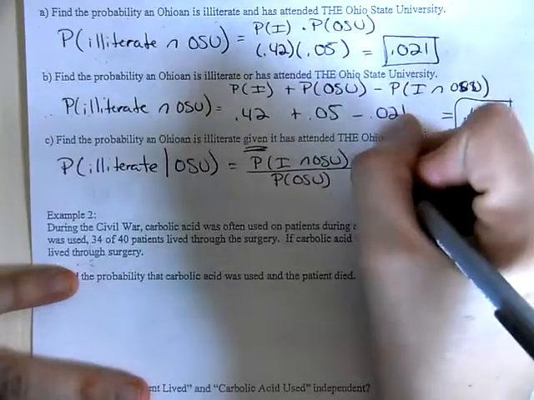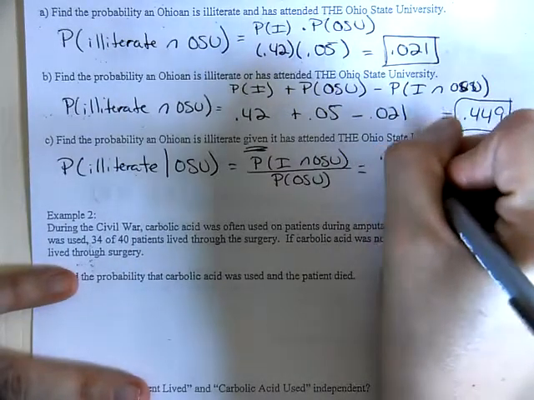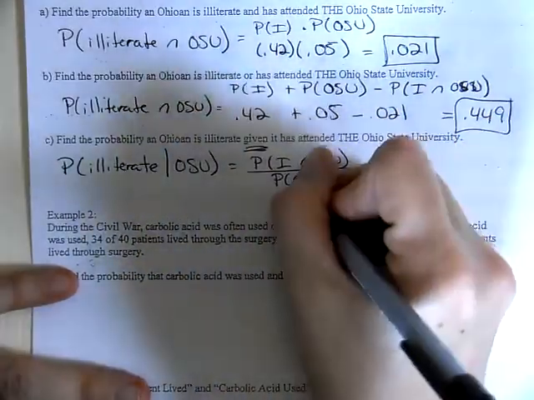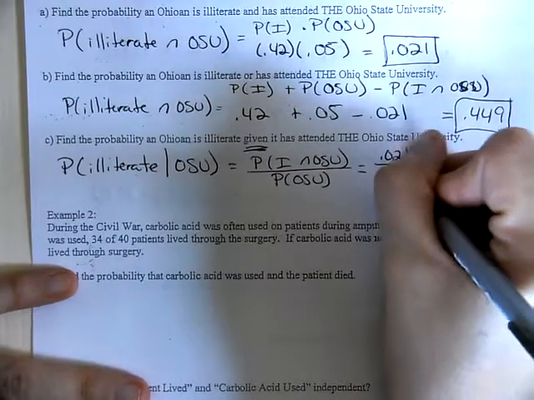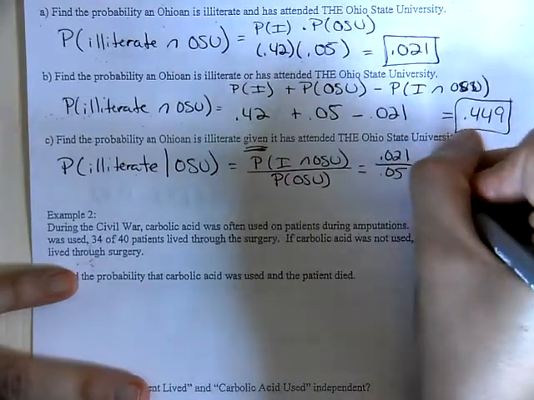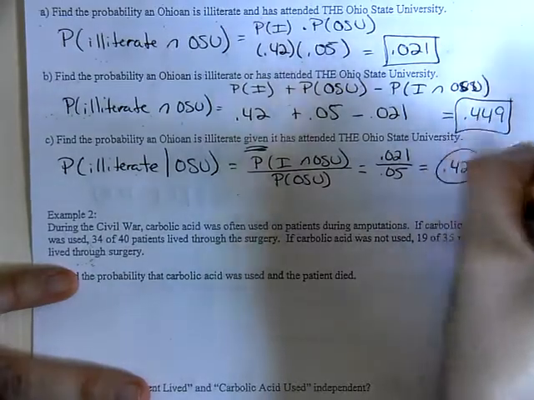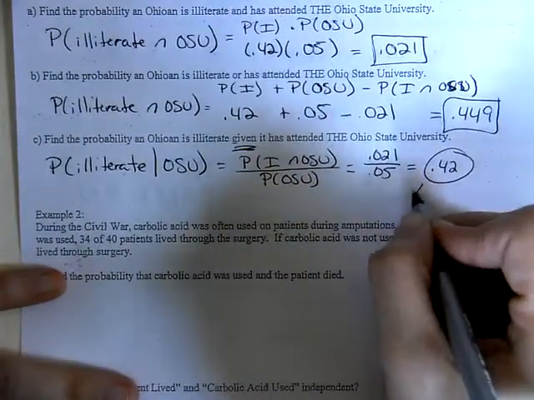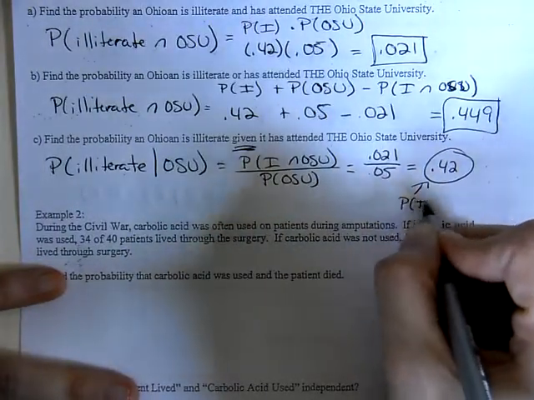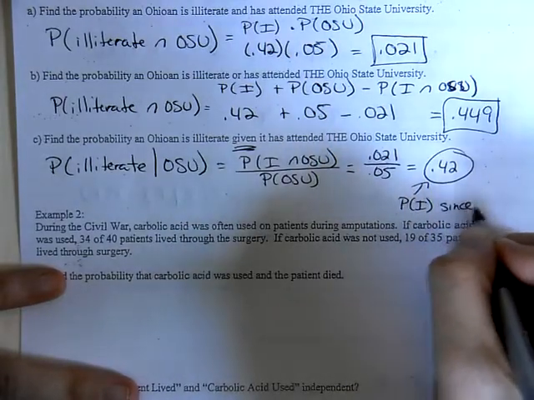So illiterate and they went to OSU was 0.021 from part A. OSU is 0.05. When I divide, I get 0.42. 42%.